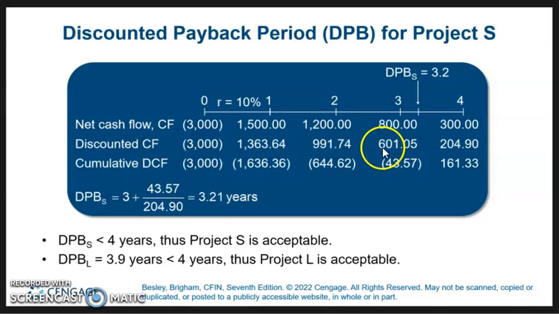And then we recovered $601 of that in the third year. That leaves $43.57. So the 3 years plus the $43.57 divided by the present value of the 300, which is $204.90, gives you 3.21 years, which we calculated on the calculator.